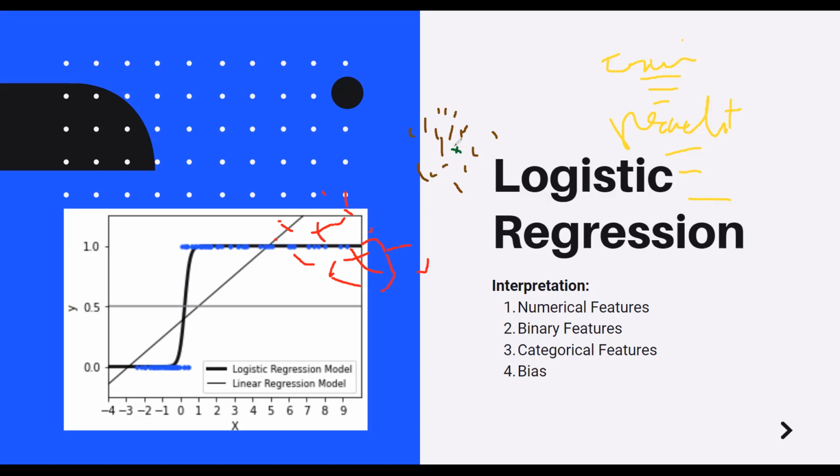So if I put it here, this would be a brown class. If the sample was here, this would be a red point. So basically the prediction is made based on the distance between these different samples.